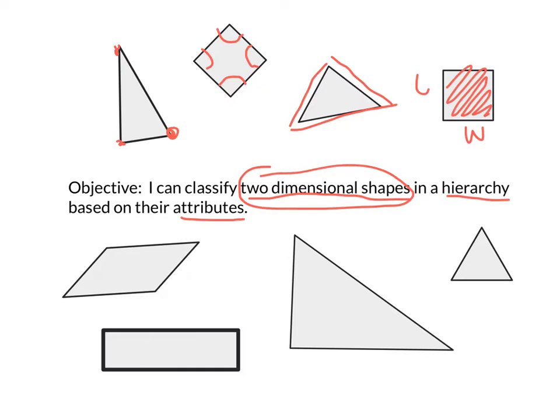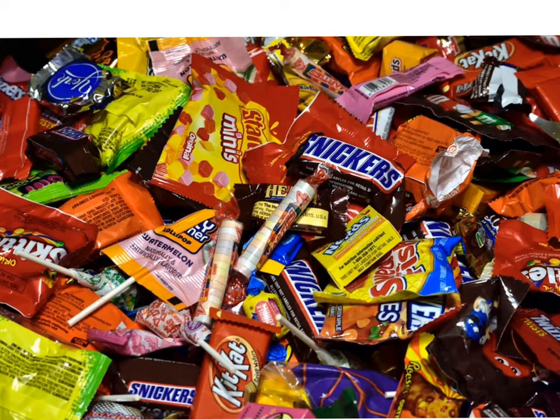But before we can learn more about a hierarchy and attributes, we are going to have to learn about candy. Yes, candy. As you can see here in this picture, all of these things are candy.